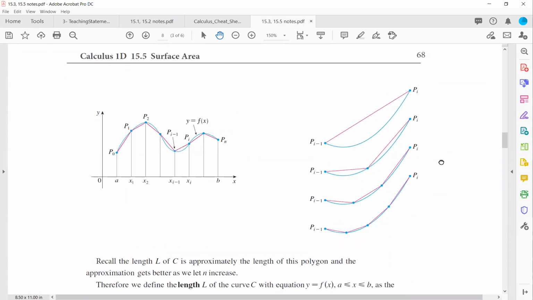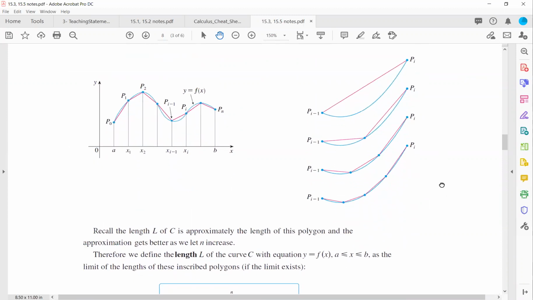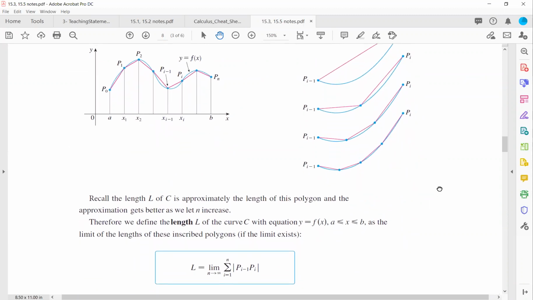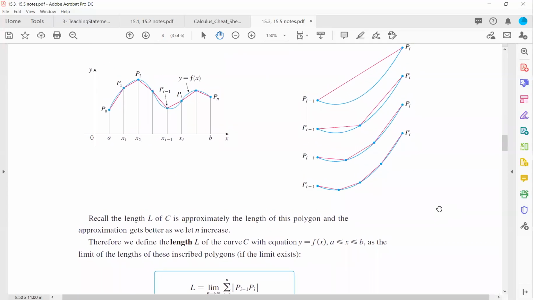Very well. Let us talk about surface area. First of all, from previous calculus lectures, we defined length to be the sum of smaller line segments, which are straight lines.